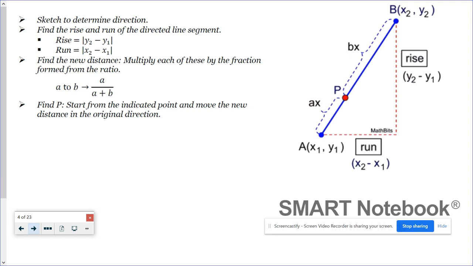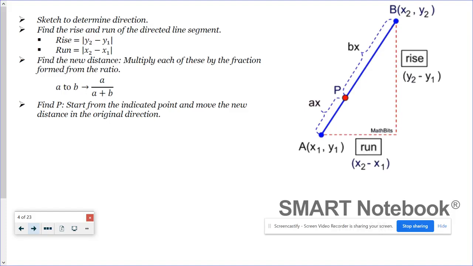Then you need to find the rise and the run of the directed line segment. Just like, notice those are the same calculations we do when we're using slope. All right, we're going to find the new distance by multiplying the rise and the run by that fraction formed by the ratio.